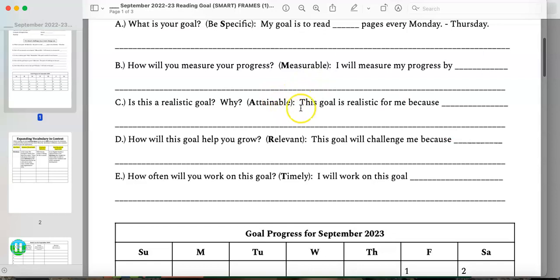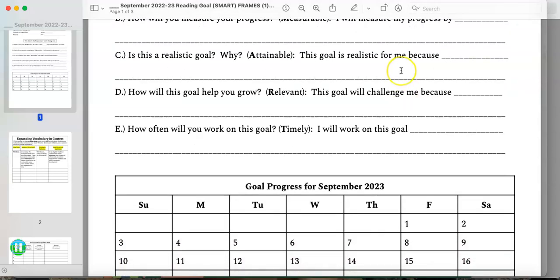Then to make it attainable, to say this goal is realistic for me because I tend to read slow, or you could say this goal is realistic for me because it helps me to monitor my reading and to stay focused on reading Monday through Thursday.